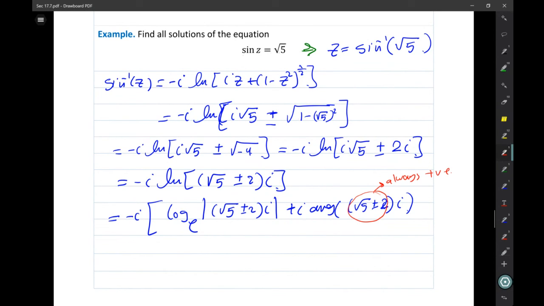So the argument for this number is equal what? It will be somewhere here. Well, argument is equal pi over 2.